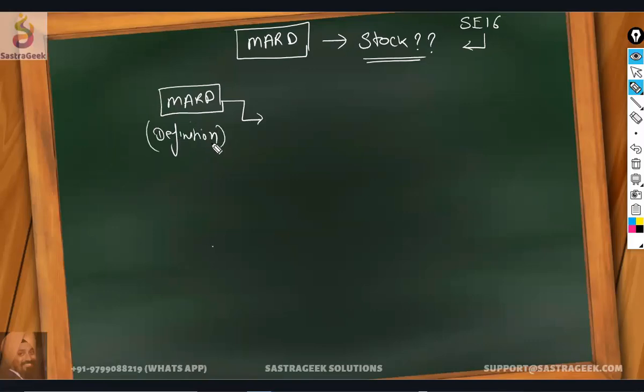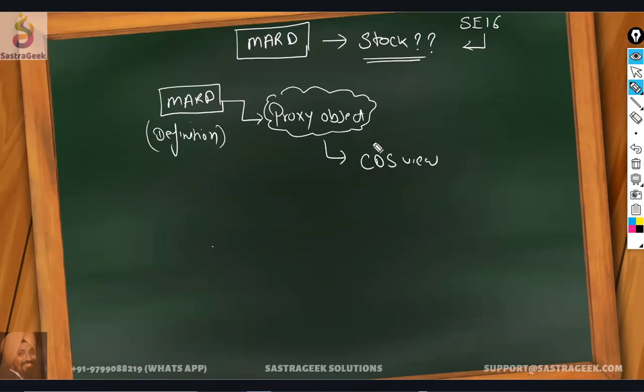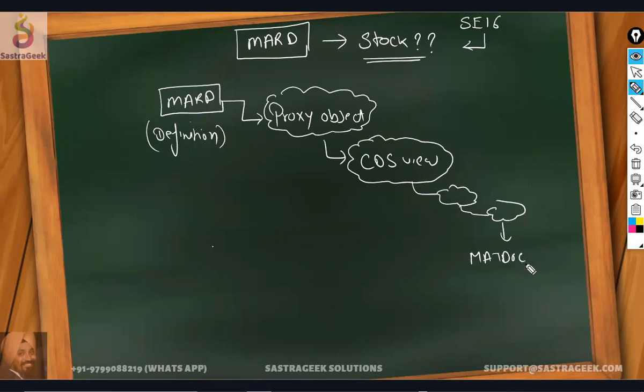They have not removed the definition, and they have put a proxy object on it. It is now attached with the proxy object. This proxy object is attached with the CDS view. This CDS view actually consists of multiple CDS views, and finally it gets data from maddog_extract.